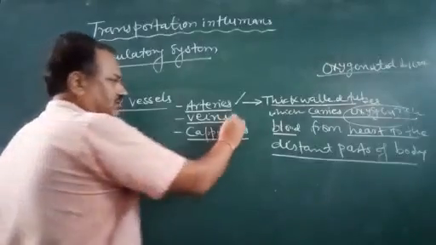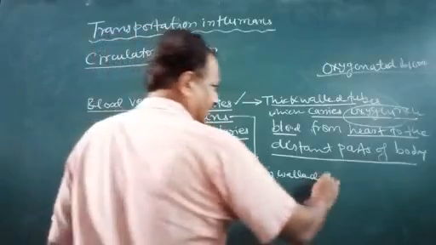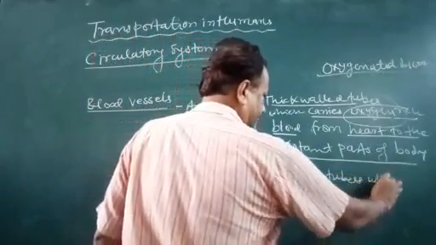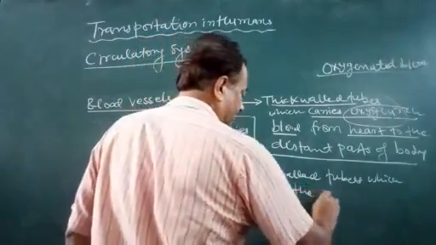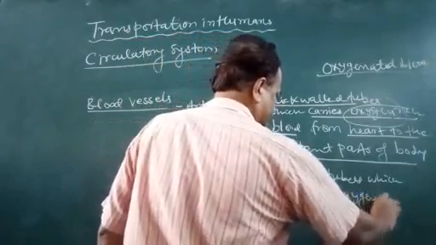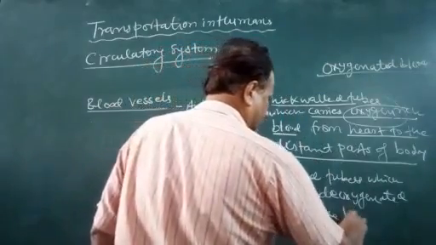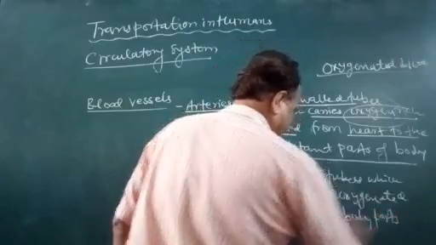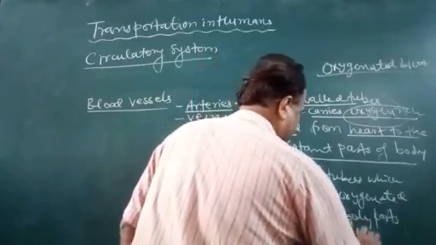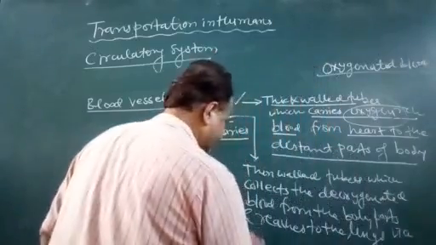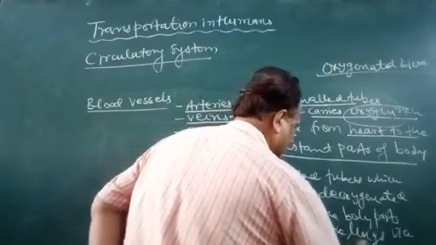Now coming to veins. Veins are thin-walled tubes which collect the deoxygenated blood from the body parts and reach the lungs via the heart for removing carbon dioxide.